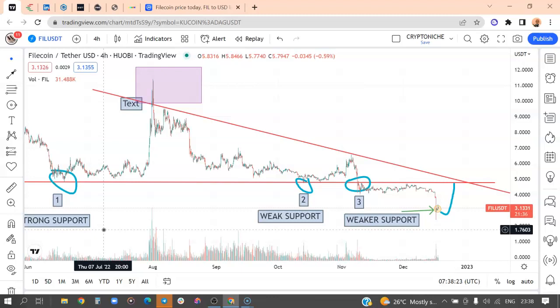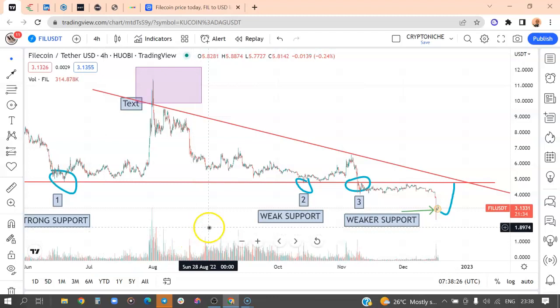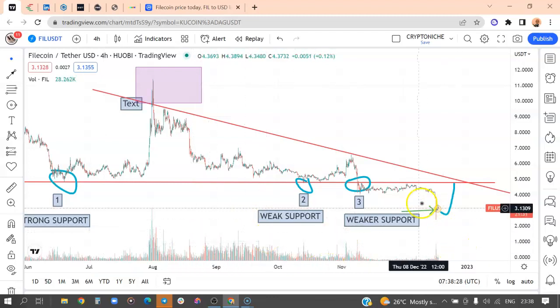On a micro level, when you look at your chart, it makes a lot of sense to long it. But at this point, if it breaks or is about to break this trend line, it makes sense to short it again. If you short it again, you're not going to go wrong.